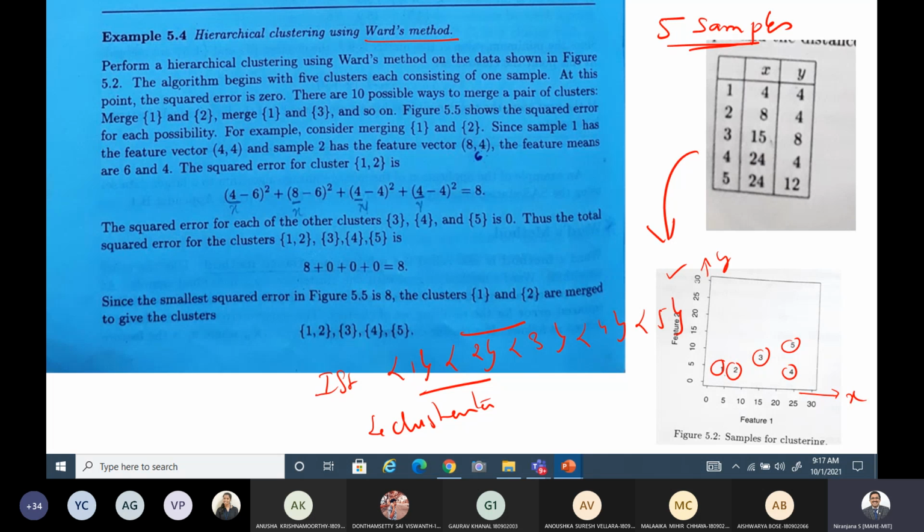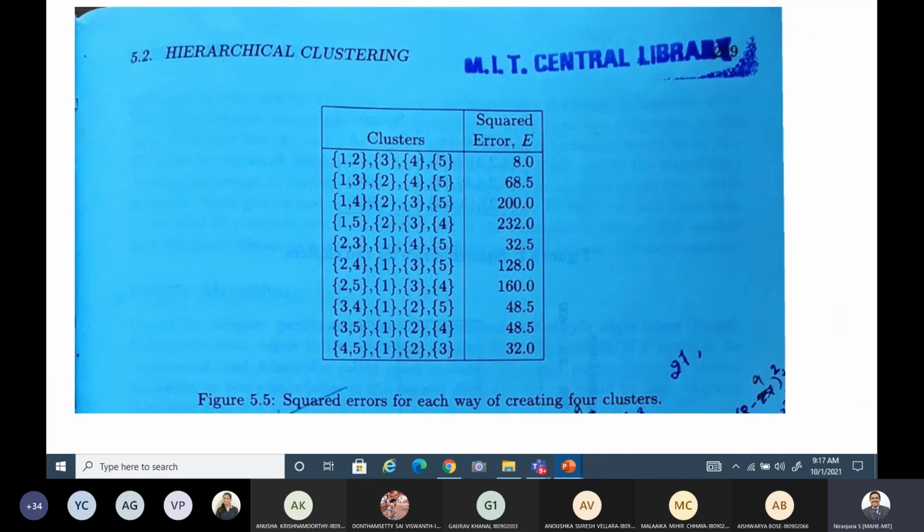Like that, you have multiple combinations, right? So totally how many? 1, 2, 3, 4, 5, 6, 7, 8, 9, 10 combinations. These are the possible ways of combining 2 clusters so that you can have 4 clusters.